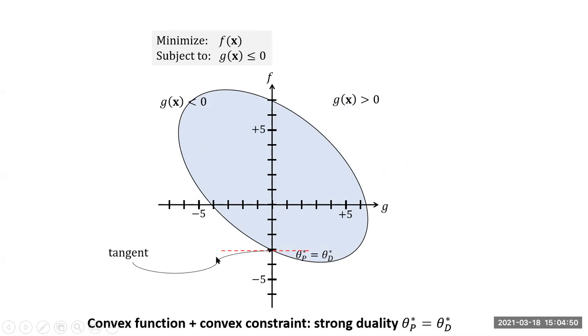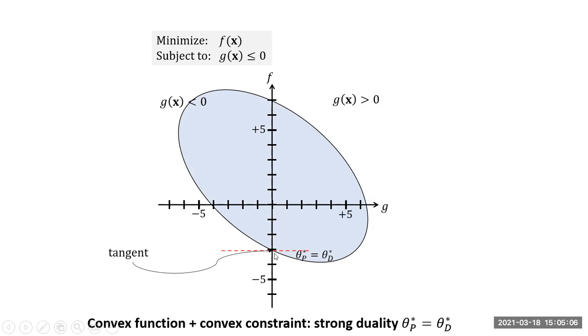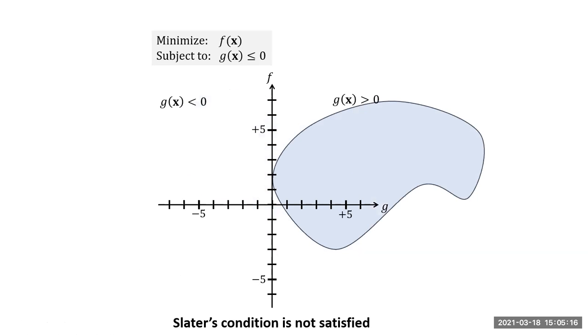But for theta p star, I have to draw a horizontal line. I have to only consider the left portion in the feasible region and then find the minimum horizontal line. It's always a horizontal line. If I were to draw a tangent, it will be tangent to this point here. Theta p star equals theta d star here.